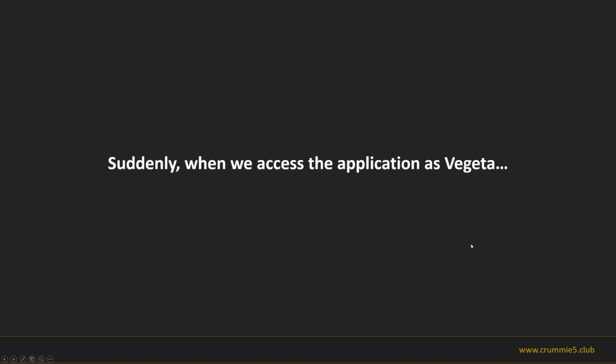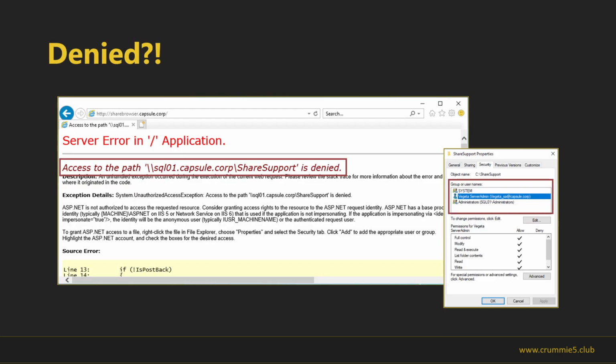Okay, we configure it and we expect no errors, but suddenly when we authenticate as Vegeta into the application, we are shown this error. Access to the path SQL01 share support is denied. And we think, what the hell?